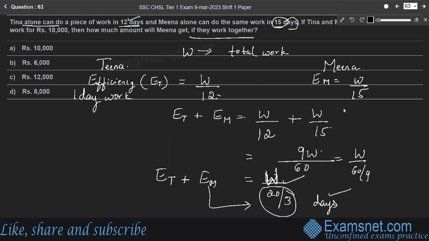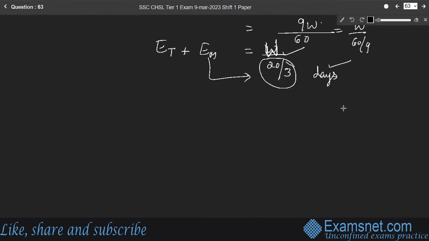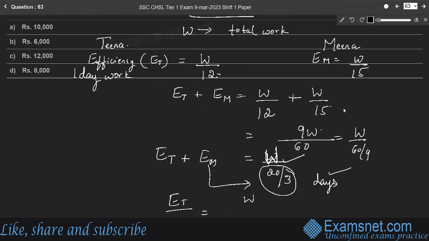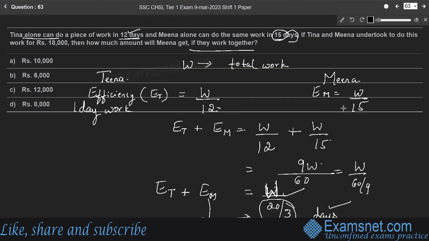Now consider their efficiency ratio. We'll consider ET by EM ratio. ET is W by 12 divided by EM, which is W by 15. So this 15 goes to the numerator, and you'll get 5 by 4 as the ratio of their efficiency, Tina to Meena, right? Here we need the case of Meena. So how much amount will Meena get? For that, Meena's work share.